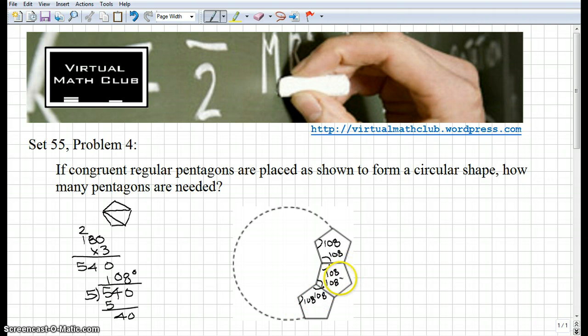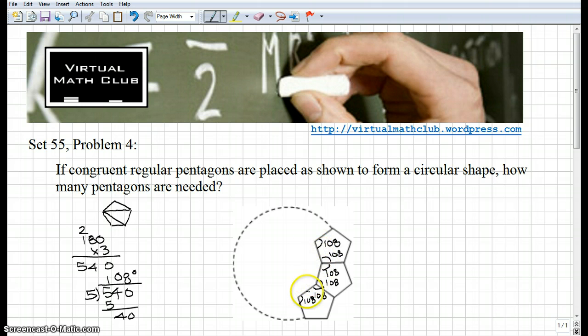Alright, so how does that help us? Well, as we put these pentagons around this circle, we're going to end up making another polygon inside. The type of polygon that we end up making is going to depend on how many pentagons we put around this circle, because the edges of the polygon in the middle are each going to have a pentagon on its side.